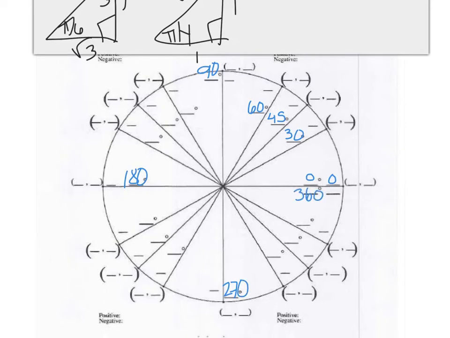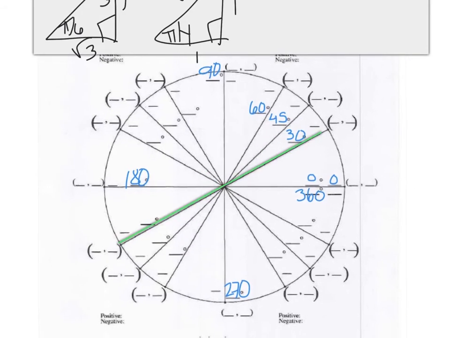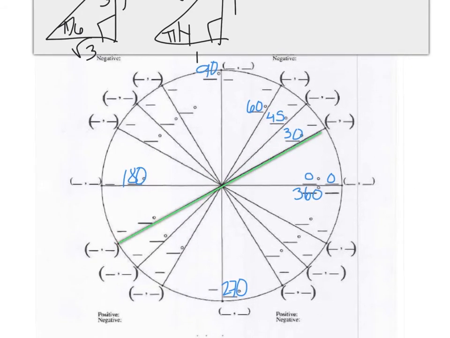So for the in-between angles, we're going to talk about the symmetries of the circle. If I think about the radius that's at 30 degrees, that matches with over here, and it's going to be the same as here.